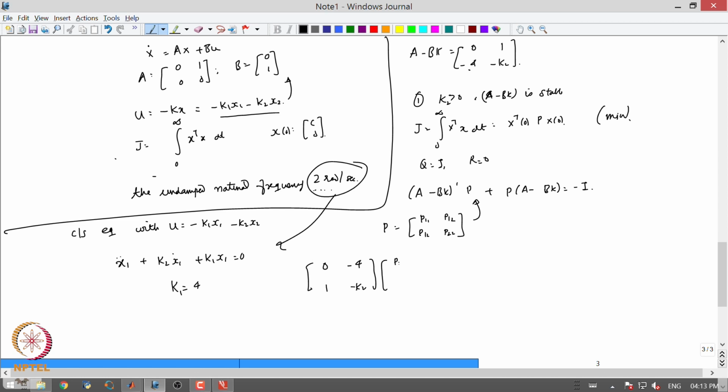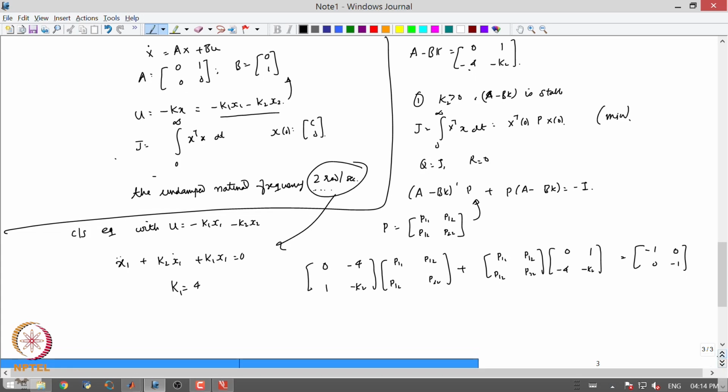I have P11, P12, P12, P22 in the equation, plus P times 0, 1, minus 4, minus k2, which is minus identity, that is minus 1, 0, 0, minus 1.